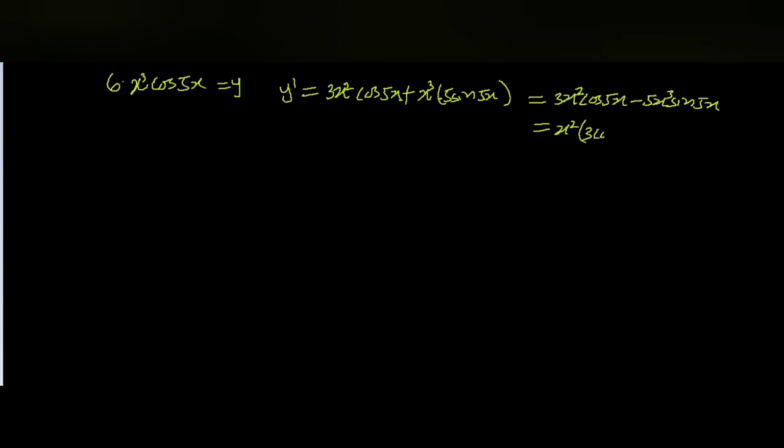We're going to have 3 cos 5x minus 5x sine 5x. So this is what we have as y prime. So we have 6 examples on differentiation using the product rule.